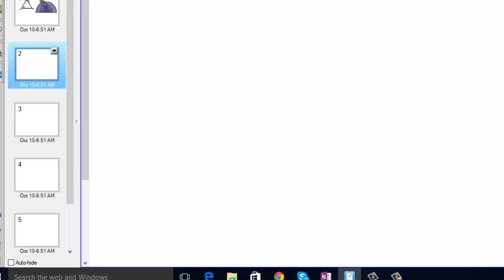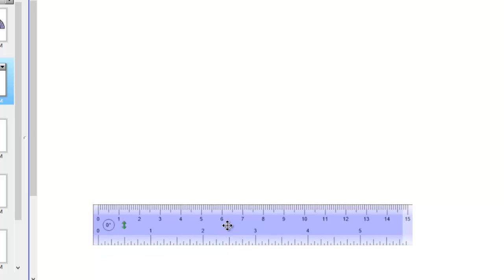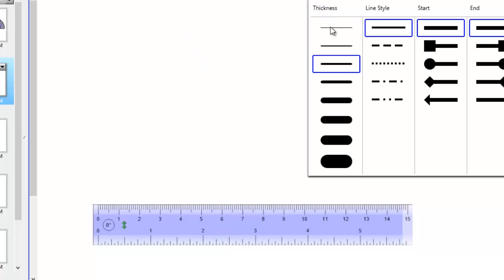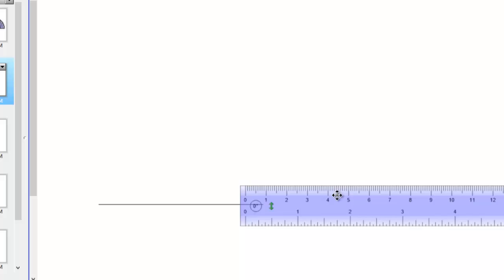I can take a ruler and again draw a line segment, and this segment I can choose any dimension. Let's say this time I'm going to choose 8 centimeters. Now I don't need a ruler.